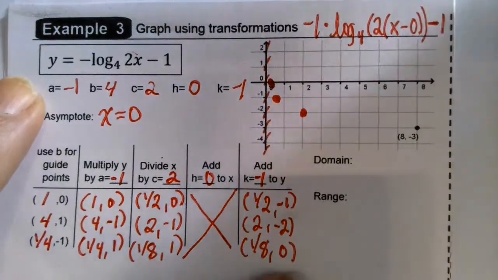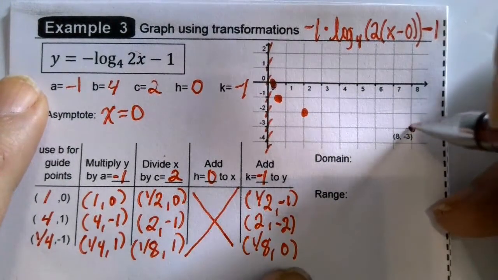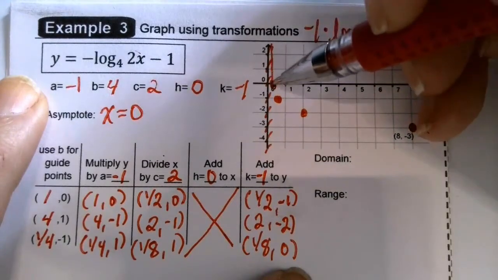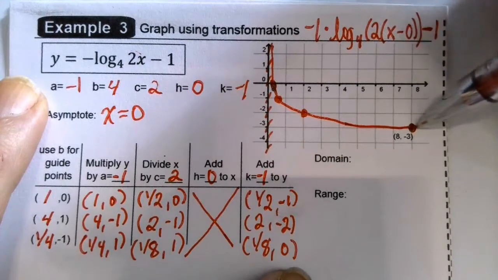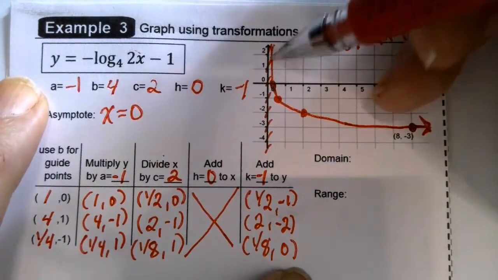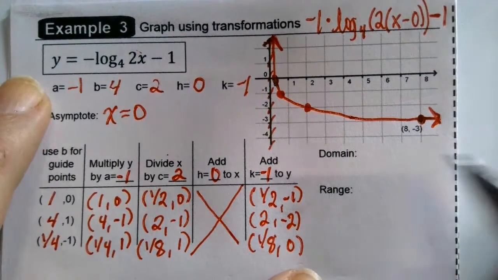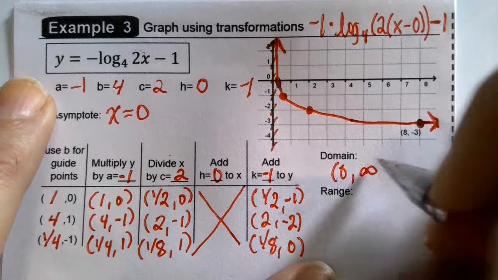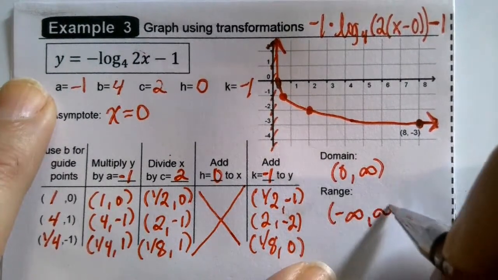And then we're going through the extra guide point that was given on the graph, 8, -3. So we come along that vertical asymptote, bend through those transformed points, and that would be the graph of our logarithm. Okay, the domain is starting at 0 and headed to +infinity. The range is all real numbers.